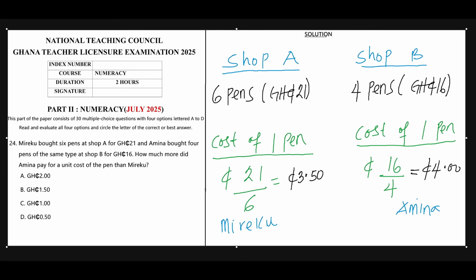But let's look at how much more she paid. That is the difference: 4 Ghana cedis minus 3 cedis 50 pesos. That is 50 pesos. And from the alternatives, option D is 50 pesos.